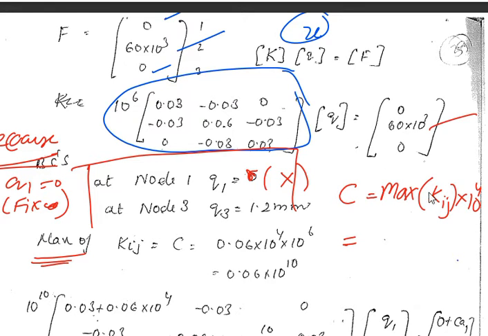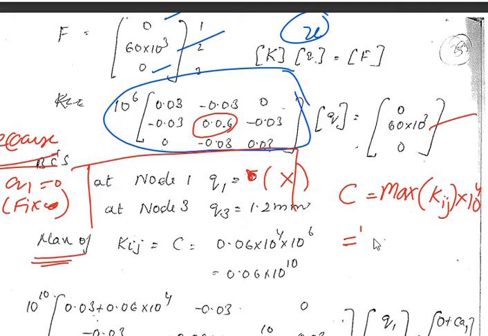Kij can be any row, any column. So the maximum value you can check: 0.06 is the highest value. This highest value you can generally find only in the diagonal.